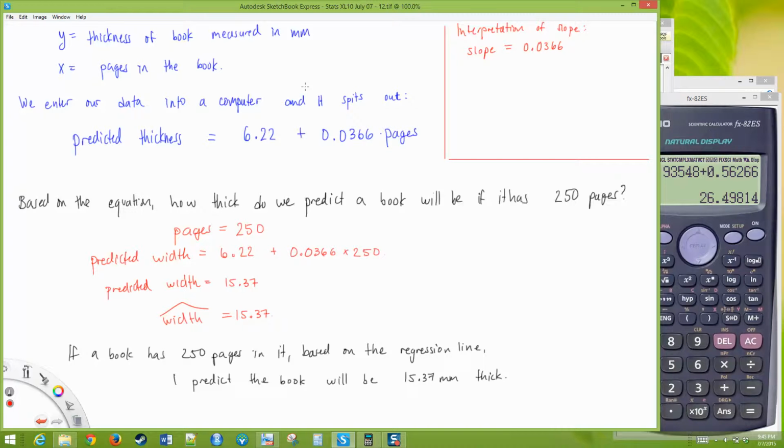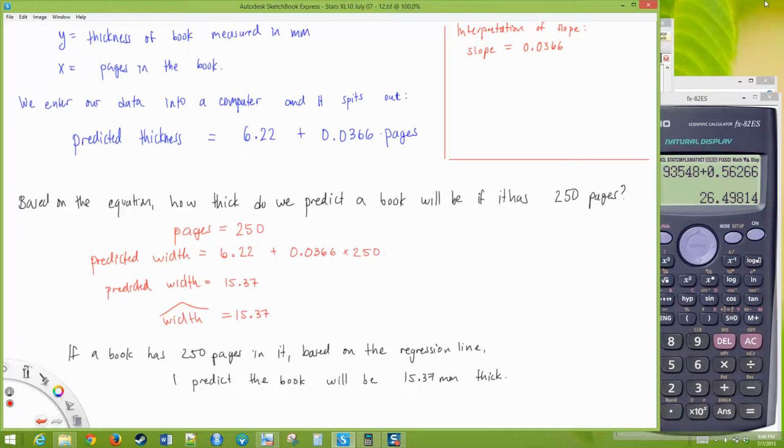So if I increase the number of pages in the book by 1, basically I'm adding 1 page to the book, my prediction for how thick the book goes up by what? By 0.0366.